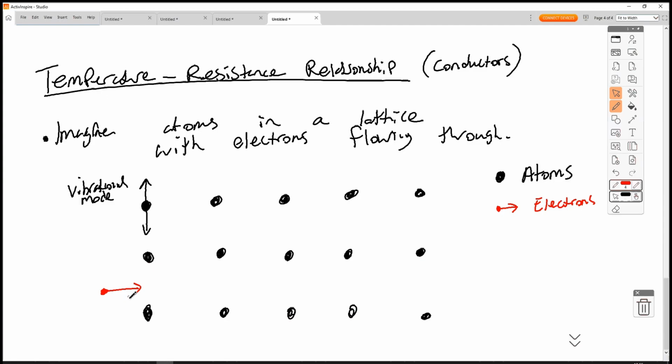If it collides with some of those atoms during those vibrations, the electrons become deflected as they move along. And they do lose energy in that process.